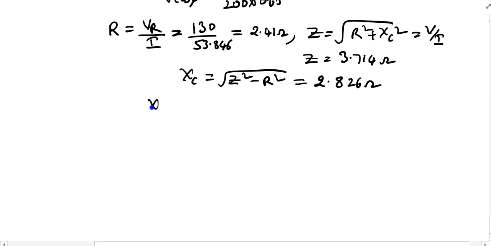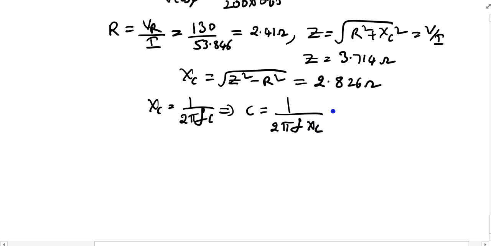Something like, if you want to calculate XC is equal to 1 by 2 pi FC, and I want to calculate what is C, then this is nothing but 1 by 2 pi F into XC. Now substitute the values we have got, and this is going to come 1126 microfarad.